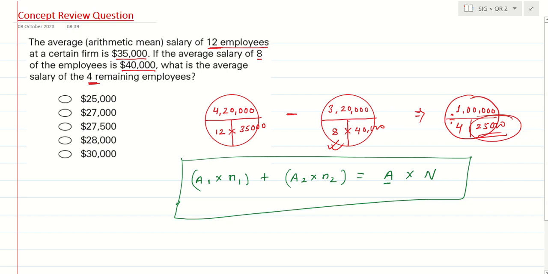Weighted average. What is N? Total number of terms, total number of people, which means N1 plus N2. Correct, no? Same thing.